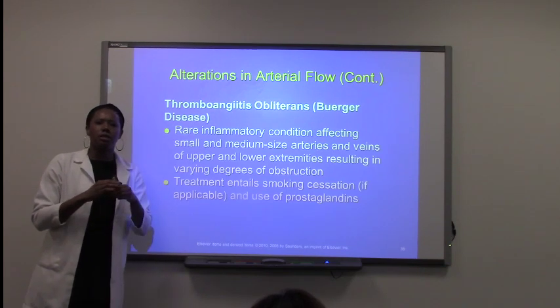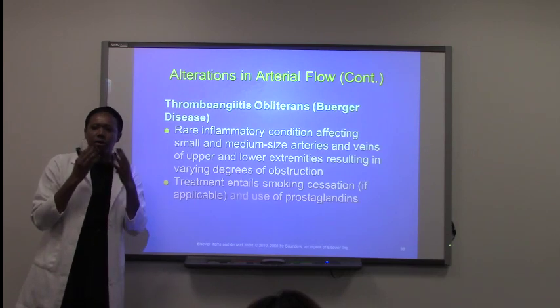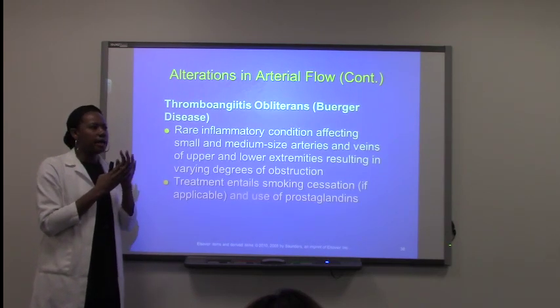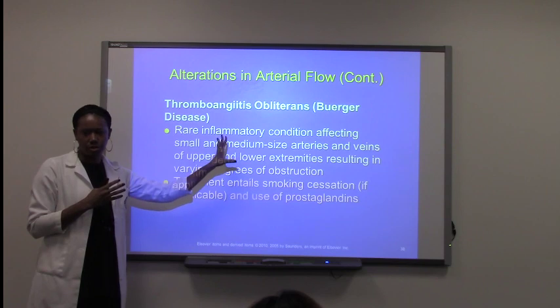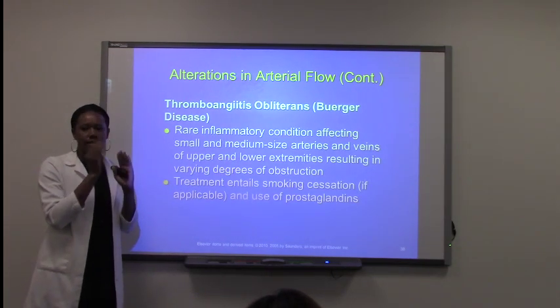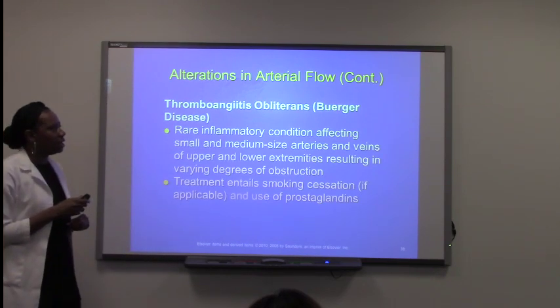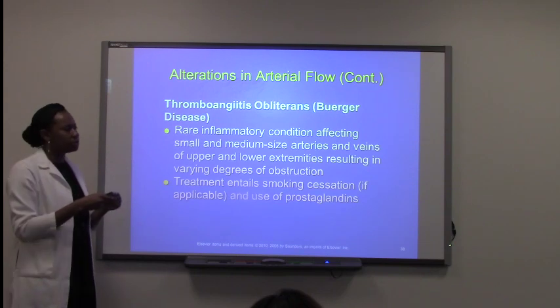I don't know if you've seen the one where the person's fingers look like they were burnt off. Well, if you've seen that commercial, that person has severe Buerger's disease. So severe that it went into such a necrotic state, which made the fingers go into a nasty state of necrosis. Now that was severe. They usually catch it way before that.